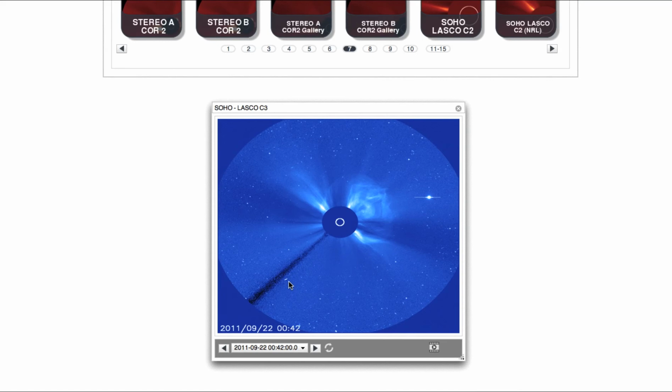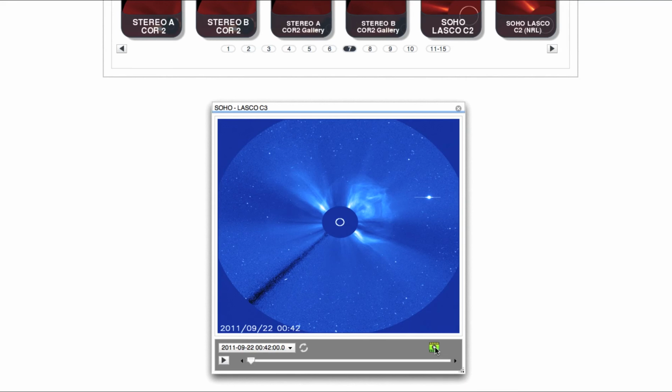This sequence of images is for September 22nd, 2011. Let's start with the movie mode, which is one feature of the Integrated Space Weather Analysis System, ISWA, that I'm using here. So what you see here is a moving structure in the chronograph imagery.